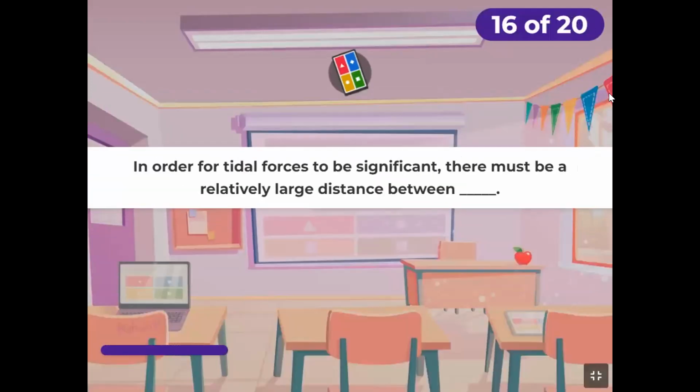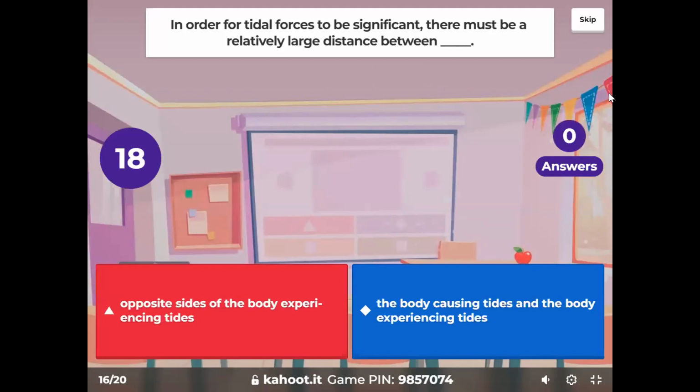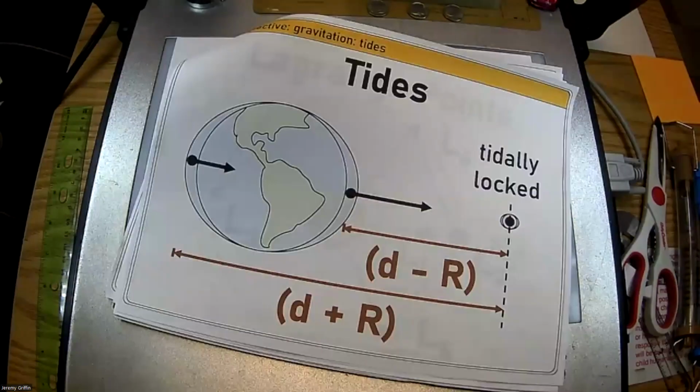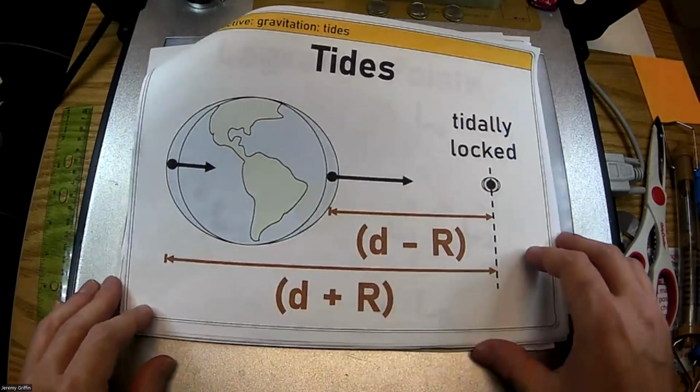For tidal forces to be significant, there must be a proportional difference between the close and the far side. Here, I'll point out this picture about that.